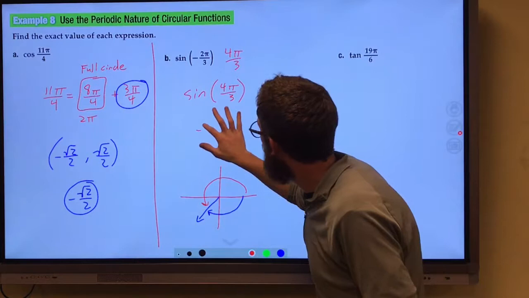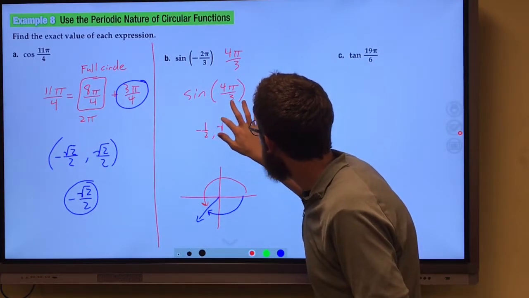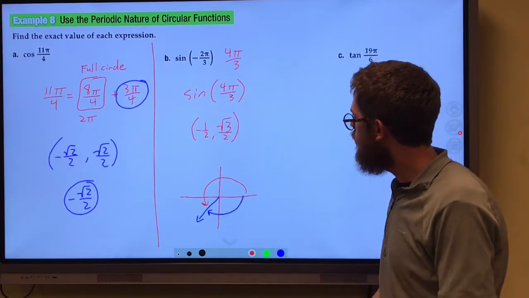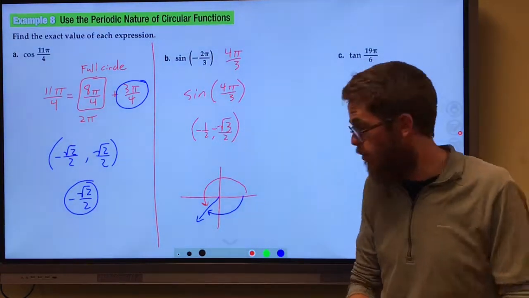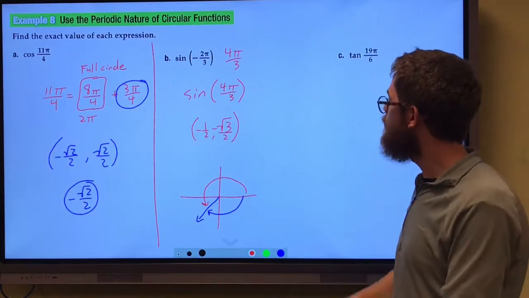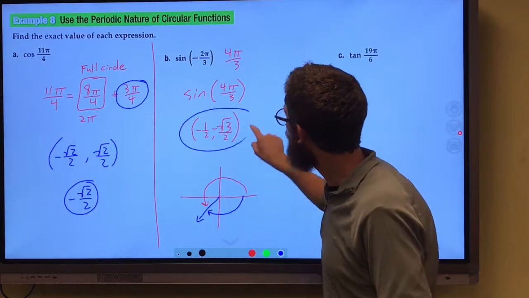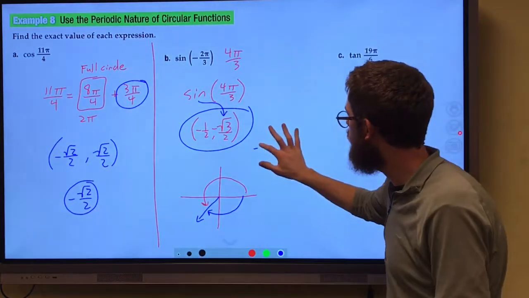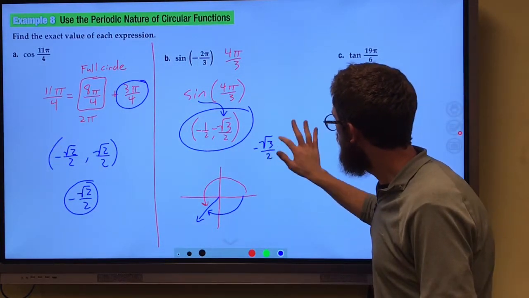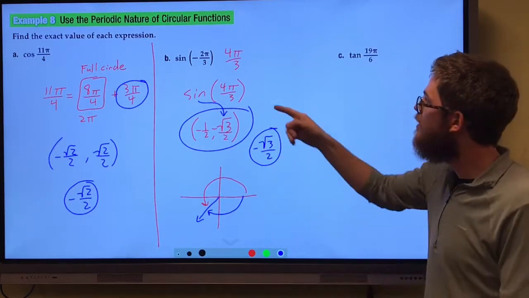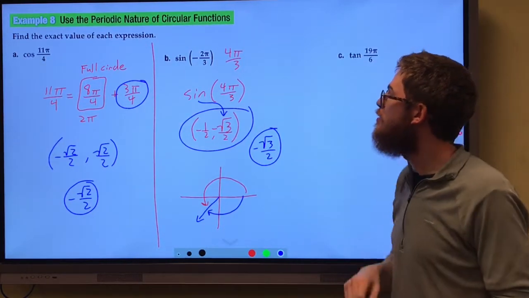It would be negative 1/2, negative root 3 over 2. Sorry, we're in that third quadrant. Both are going to be negative. So when we're looking at this, we know sine is the y value of that point. So our answer, negative square root of 3 over 2. That is sine of negative 2 pi over 3.